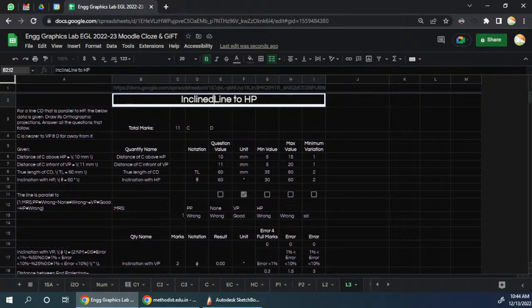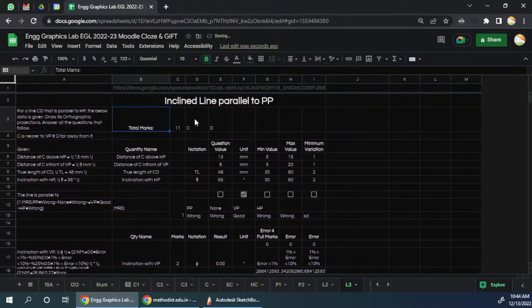So inclined line parallel to PP. So how do we define the question? And that's the major thing that is actually coming over here. To be this way or that way, so there are two possibilities.